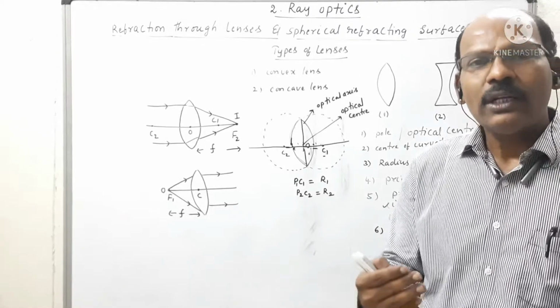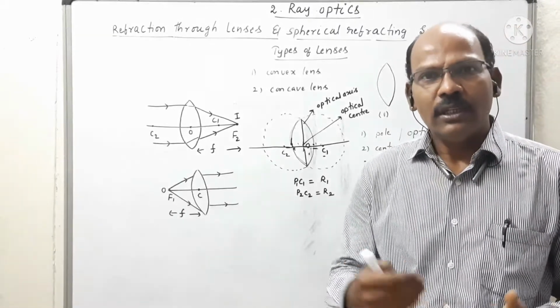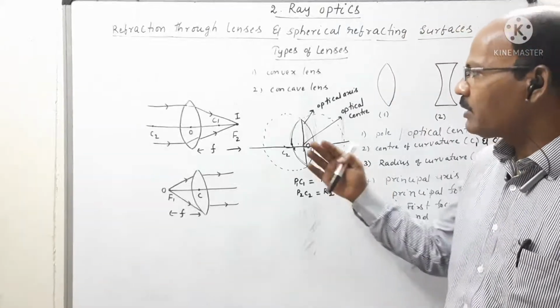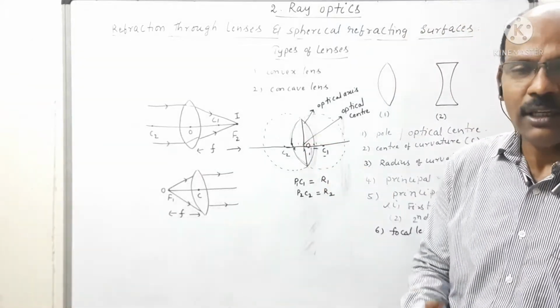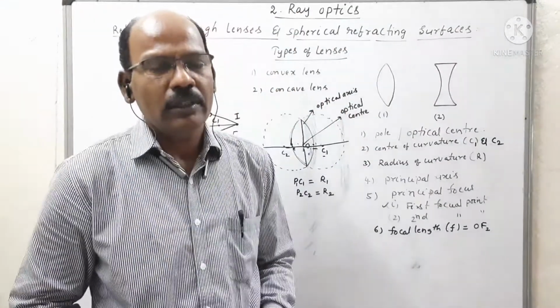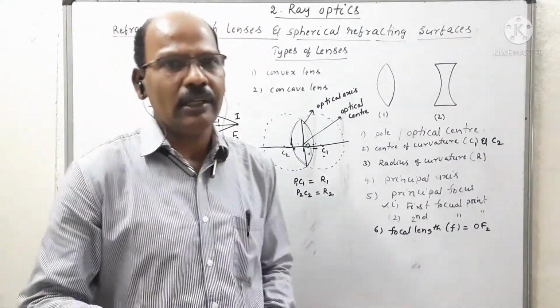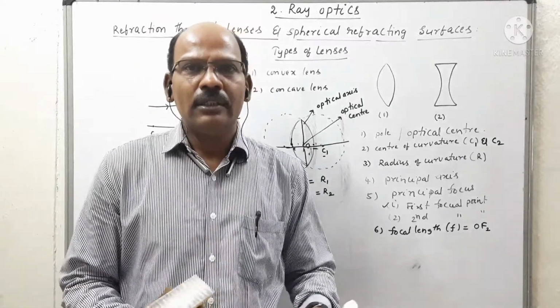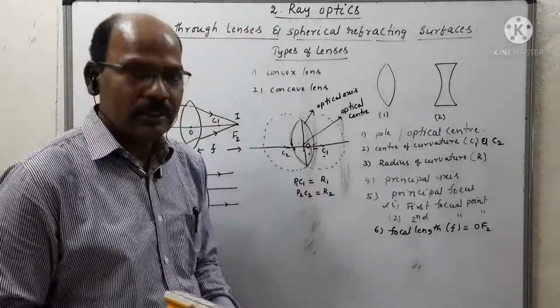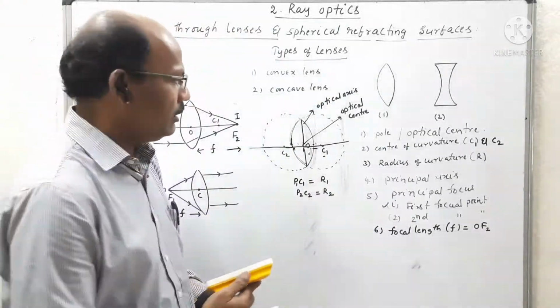Clear? So what are the important rules in image formation in the case of convex lens and concave lens? Let's observe the rules to follow to identify the location and the size of the image in the case of convex lens as well as concave lens.